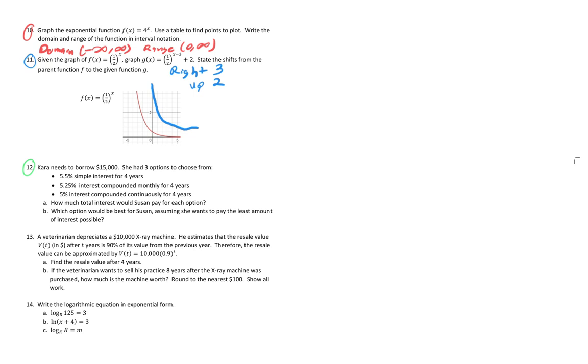Well, first we want to write out our equations for each one. So we know that our simple interest equation is A is equal to P(1 plus RT).